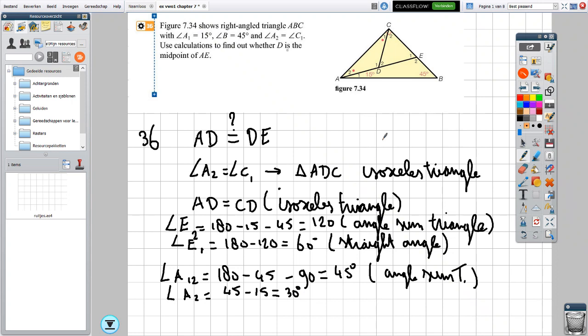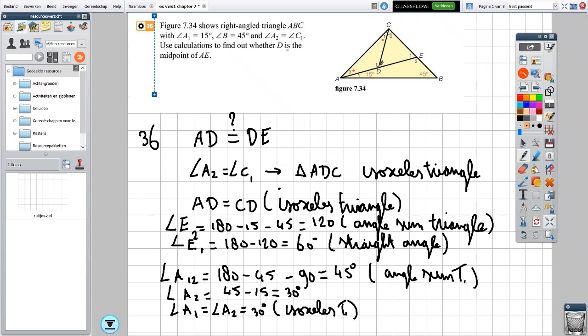Hey, but if angle A2 is 30 degrees, then angle A1 is also 30 degrees, because they are the same, because of the isosceles triangle.